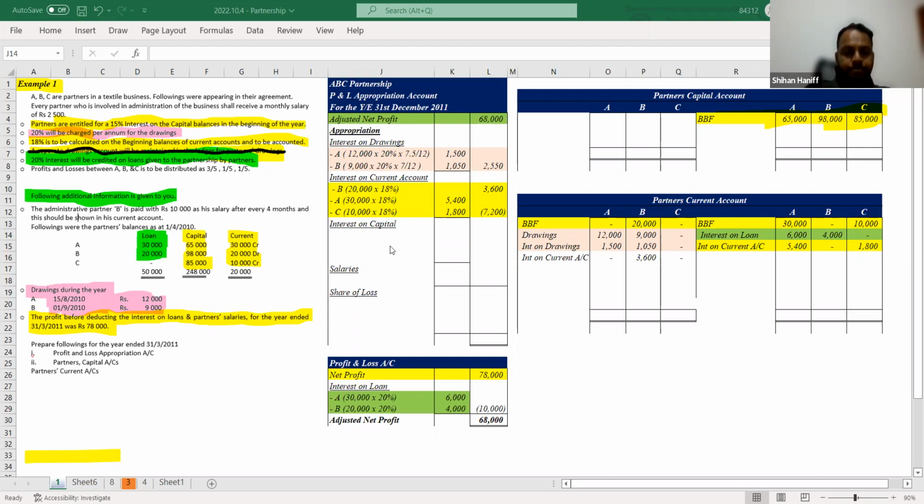Interest on capital, 65, 98, 85. That means 15%. $65 into 15, 98 into 15, 85 into 15. That is also credit.